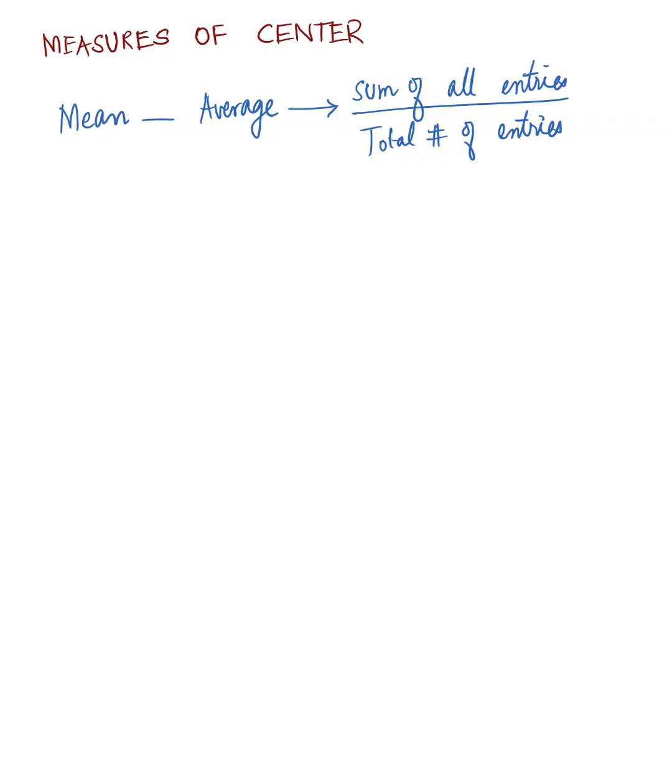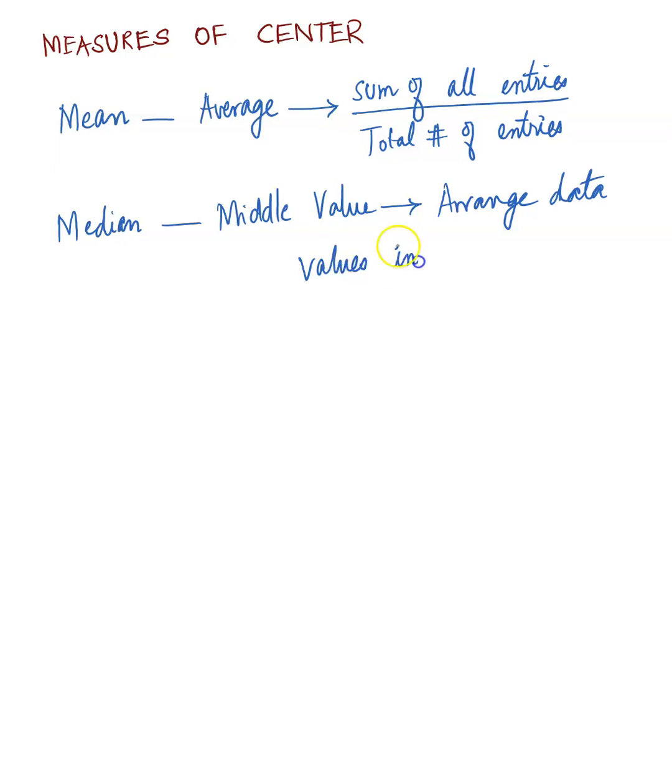Then we have median. This is also known as the middle value. And to get the middle value, we need to have it arranged in ascending order. Right? So we have to arrange data values in ascending order, which means lowest to the highest.